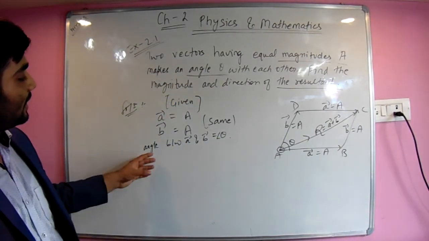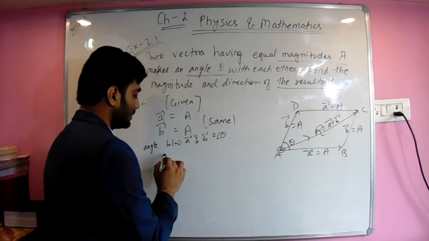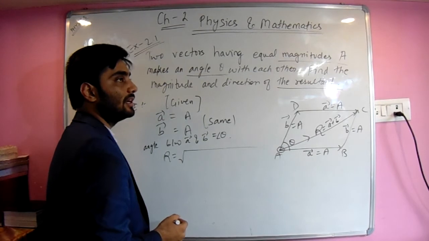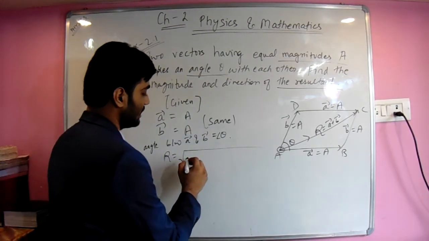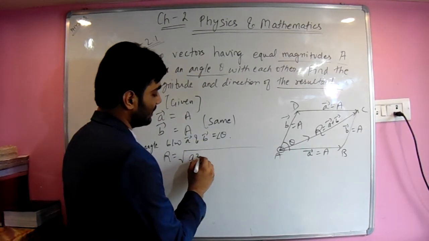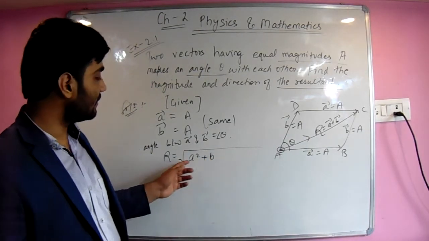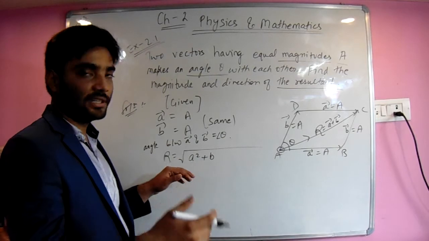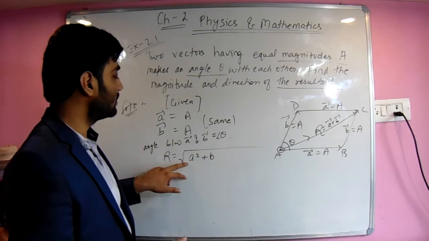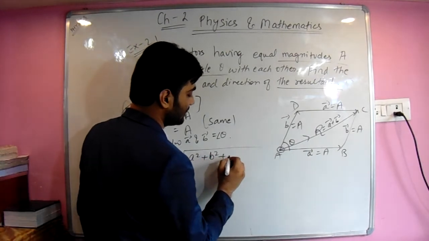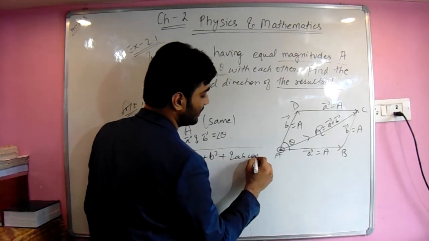Now we find the resultant. For finding the resultant, we know the formula by the triangle rule of addition: A squared plus B squared plus 2AB cos theta, all under root.